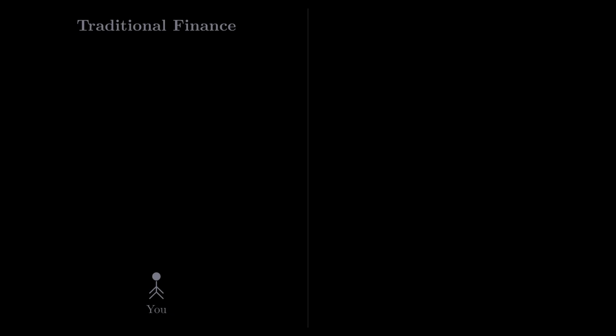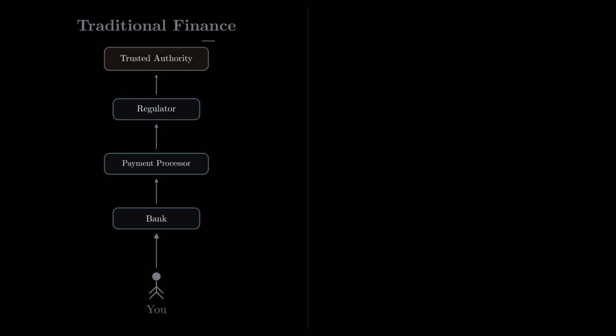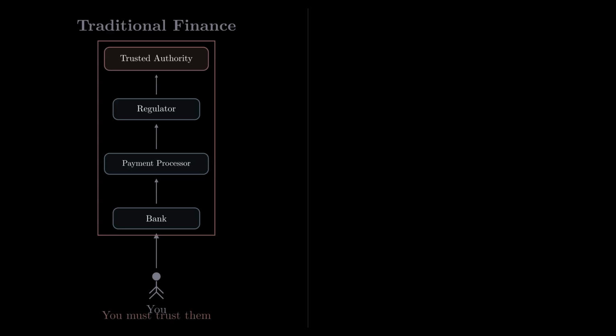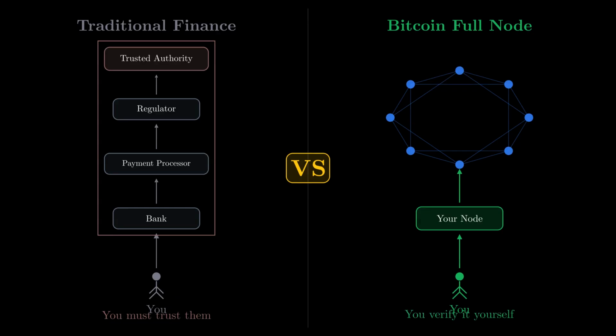Step back and consider what this means at scale. In traditional finance, you trust banks, payment processors, and regulators to validate your money. A chain of intermediaries stands between you and the truth about your own funds. Bitcoin was designed to eliminate that chain. Every full node operator independently enforces the same consensus rules, the same math, the same checks.